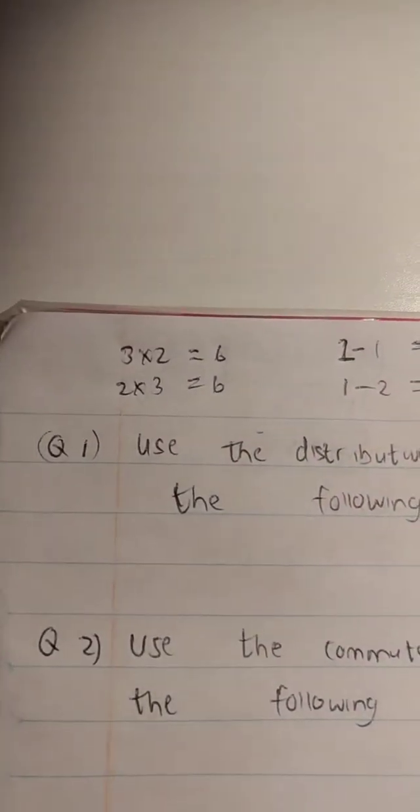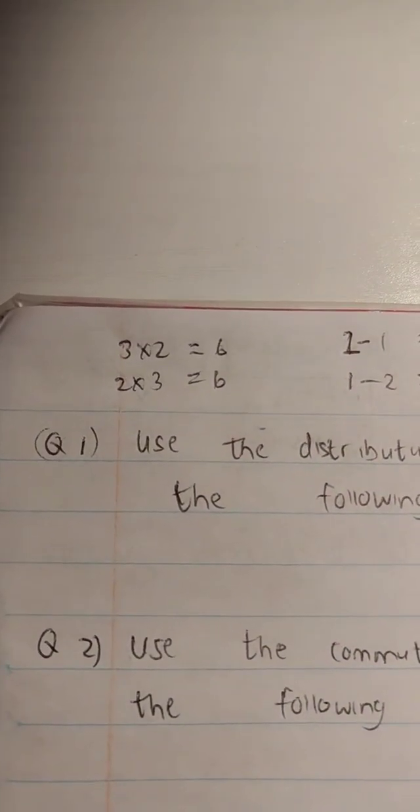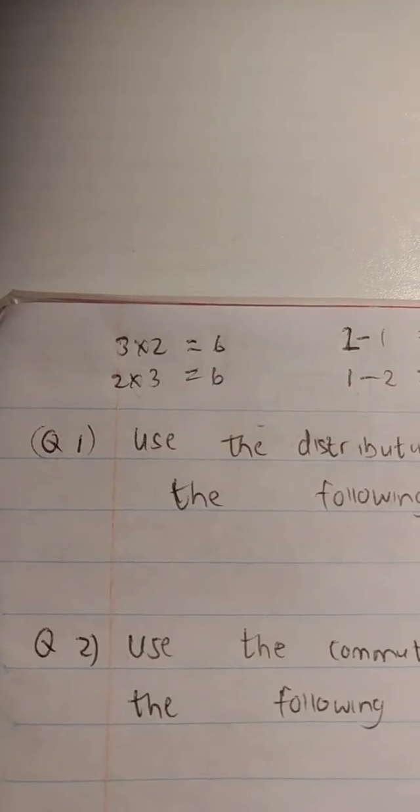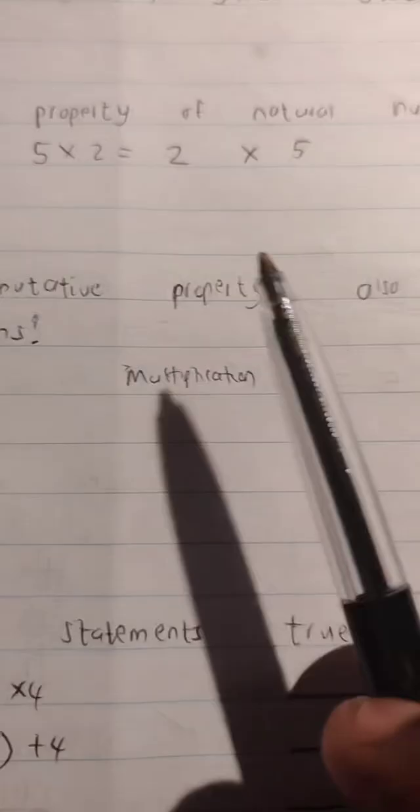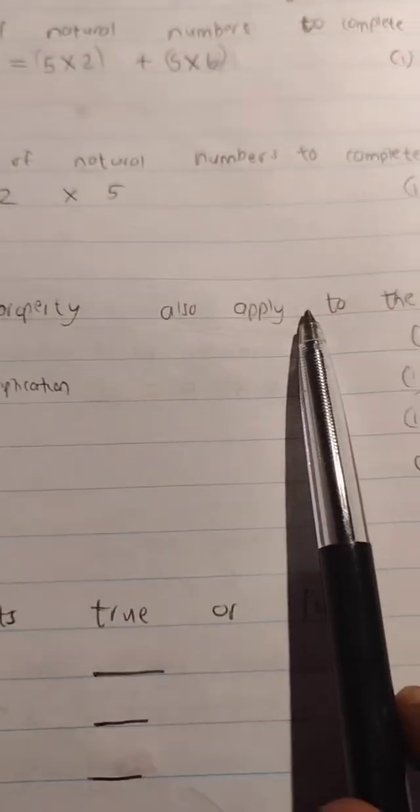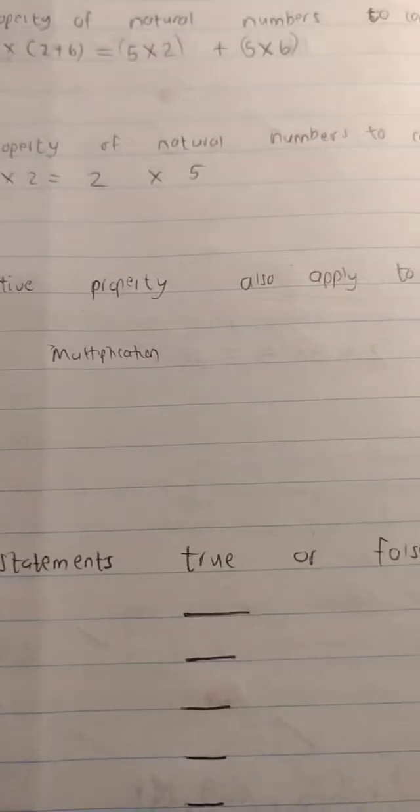That is the question. Does the order matter in multiplication? Well, we can clearly see that for multiplication, the order in which we place our numbers does not matter. So does the commutative property apply to multiplication? The answer is yes, it does.